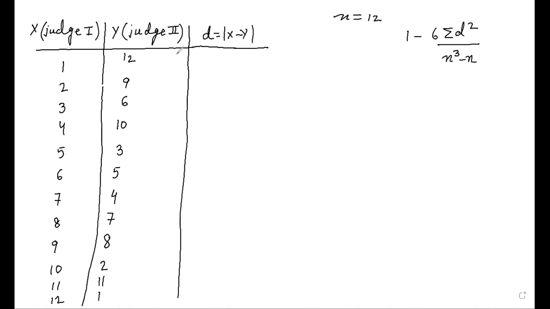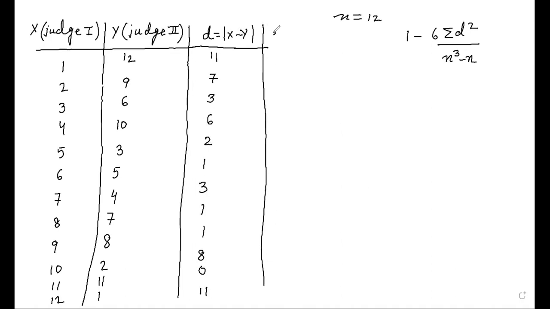So d is, for the first case, 11, then 7, then 6 minus 3, that is 3, 10 minus 4, 6, 5 minus 3, 2, then 1, then 3, then again 1, then 1, then 10 minus 2, 8, 11 minus 11, 0, and 12 minus 1, 11. Next we need d square, because we need the summation of d square.